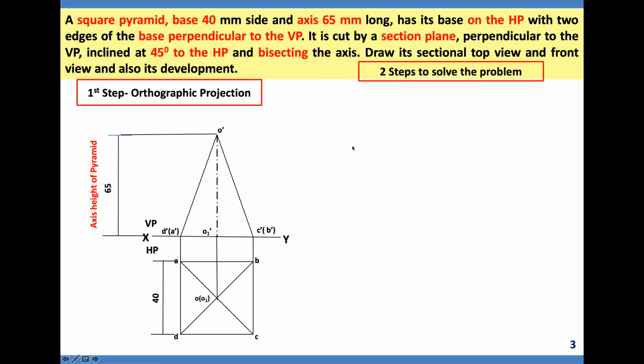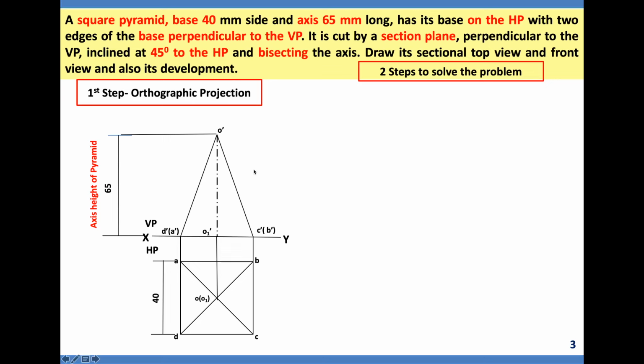Next, after the orthographic projection, front and top view, is drawn, we have to introduce the cutting plane or section plane. How is it? I'll use the cursor. Cutting plane perpendicular to VP, inclined at 45 degrees to HP. So the angle theta is given, which is 45 degrees. It is bisecting the axis.